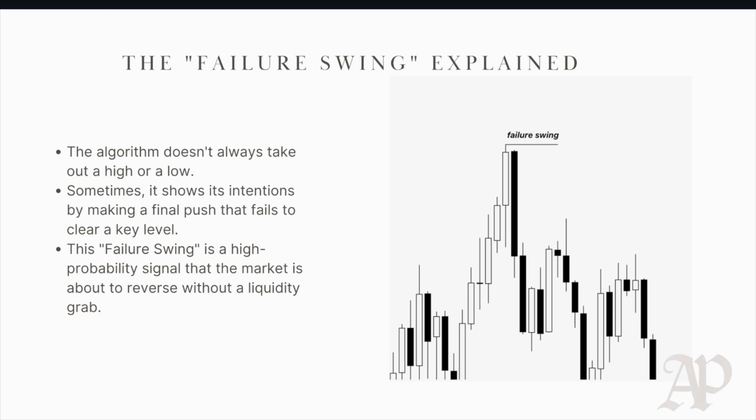Think of it like a boxer throwing a weak punch and showing they're out of gas, out of energy. It's the same in this scenario. So this is a high probability signal that the market is about to reverse without a liquidity grab.